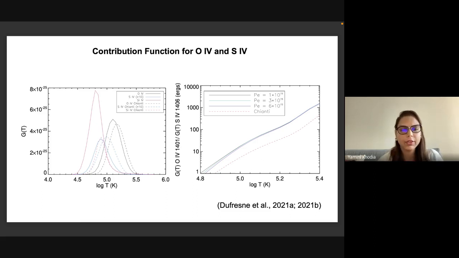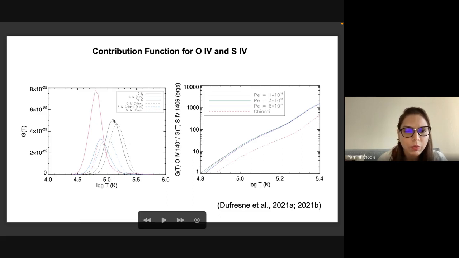If you see, for oxygen 4, the peak formation temperature shifts from log T equals 5.2 to log T equals 5.1, and the peak value of the contribution function doesn't change much. But for silicon 4, which is one of the strongest lines, the peak formation temperature of the contribution function changes quite a lot.